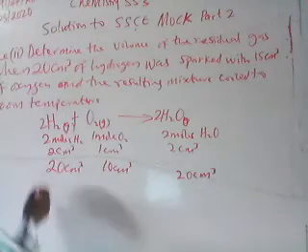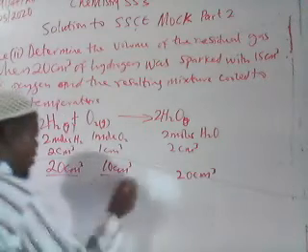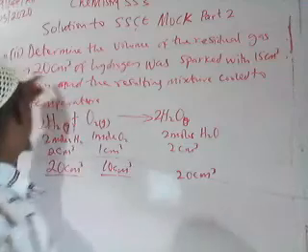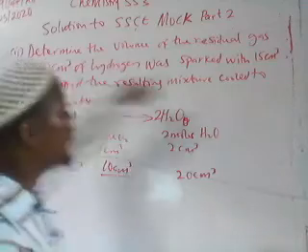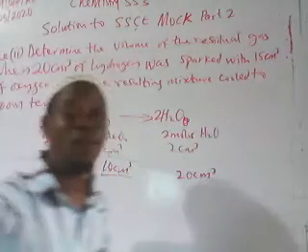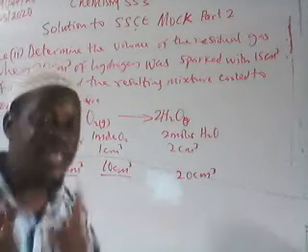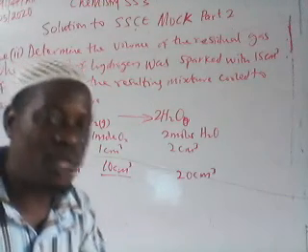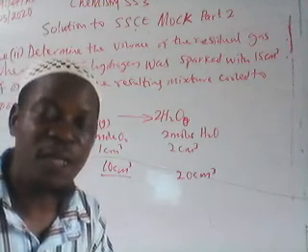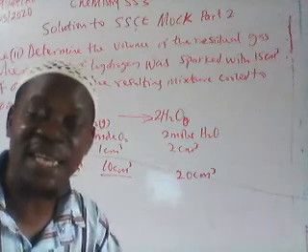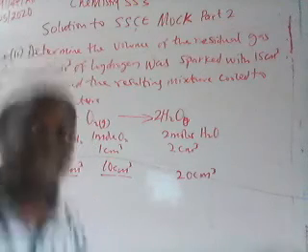But first of all, deal with hydrogen and oxygen. The question says we use 20 cm³ of hydrogen, and we were given 15 cm³ of oxygen. So the first thing is, is either of the gases in excess? The answer is yes.